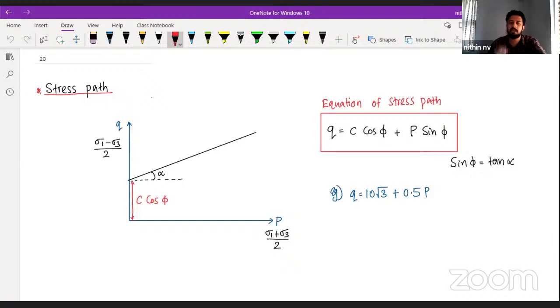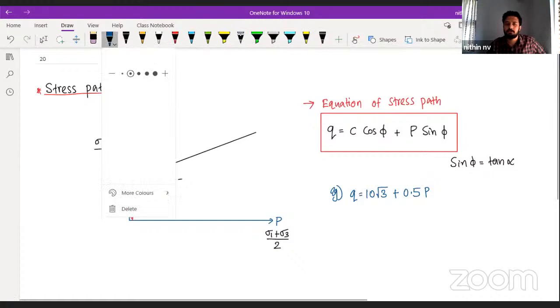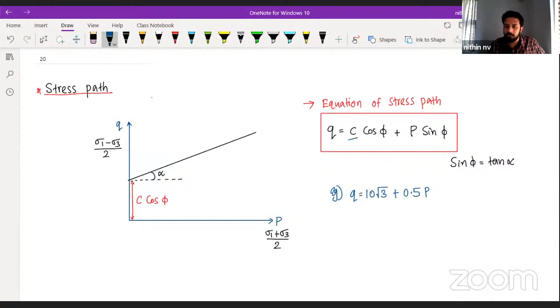Stress path means it's actually a locus. If you are changing the load value, what is the change in the shear stress, like that we are going to calculate. That much deep concept, leave it. Simply remember, we have a graph like this. This is the equation of stress path. For competitive exam point of view, what we need to study is how we are going to calculate the cohesion value and the angle of internal friction, nothing but shear strength parameters.